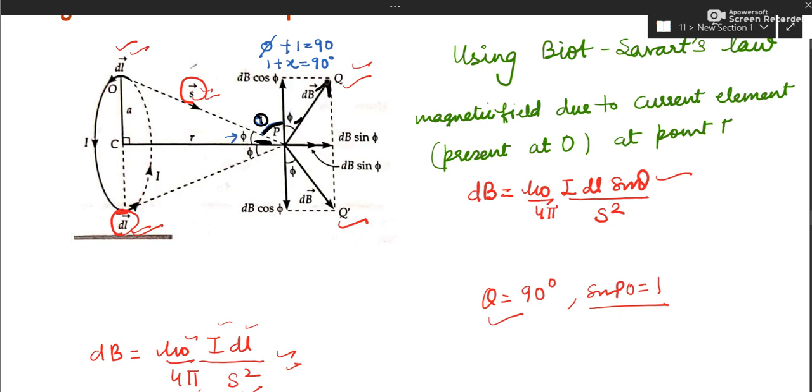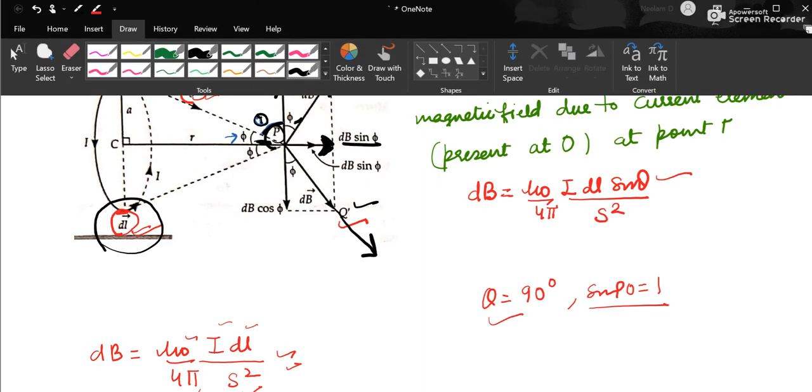So now dB's component along phi will be dB cos phi, and the one without phi will be dB sin phi. So now we know about the components. Now we have selected one more diametrically opposite current element whose magnetic field is given by PQ dash. Correct. If it is not visible, we can change the color.